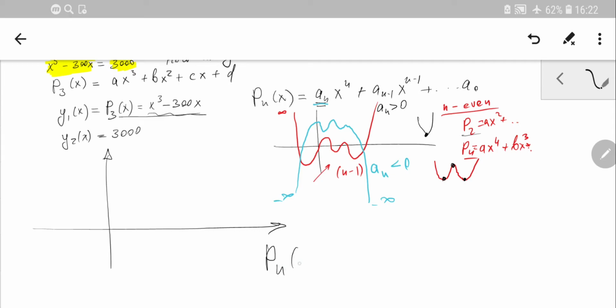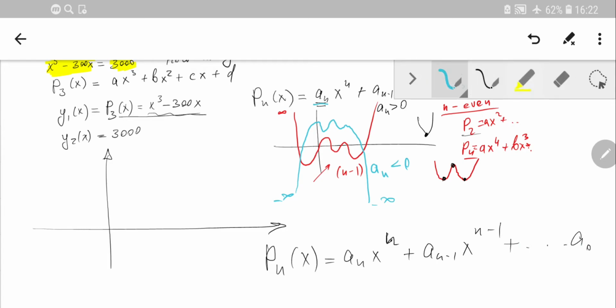So we consider Pn(x), and we put the same writing: an x^n plus a(n-1) x^(n-1), and plus the rest part, a0 in the end. But in this case, I would specify that the maximum power n is now odd.